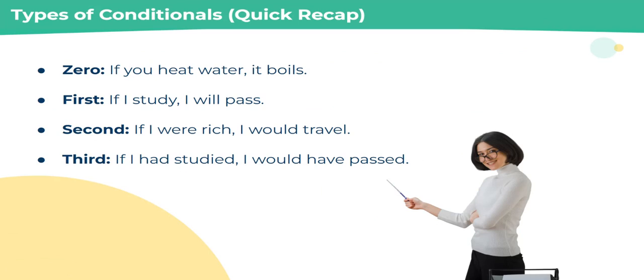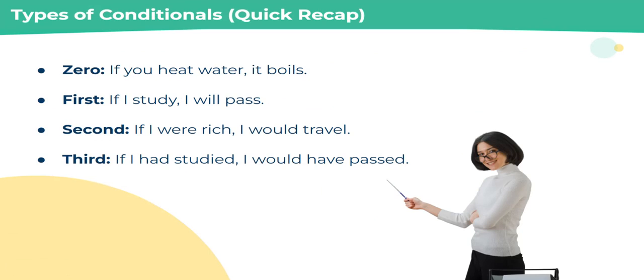Now, within English, there are 4 conditionals that are grammatically fixed. There is the 0 conditional. If you heat water, it boils. This uses 2 present simple clauses.